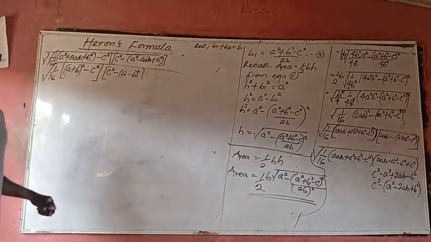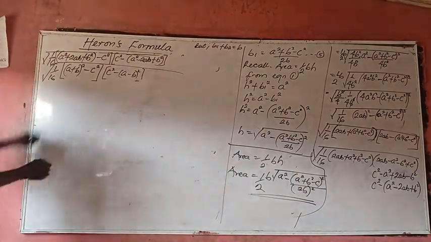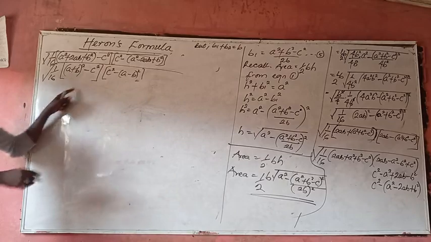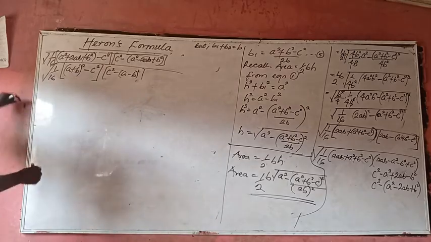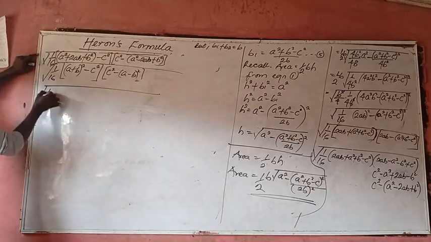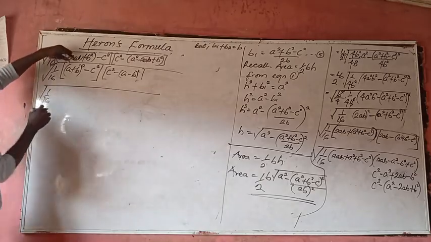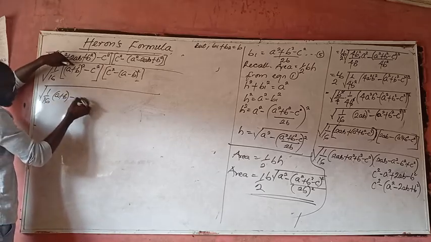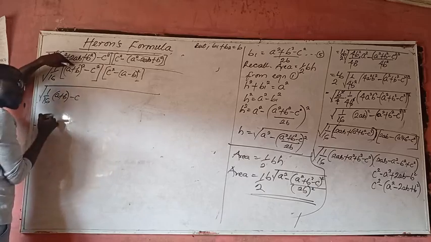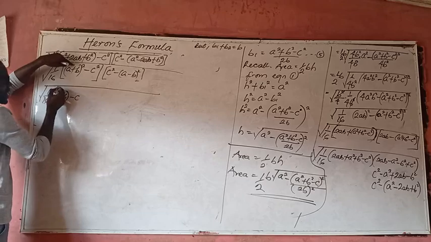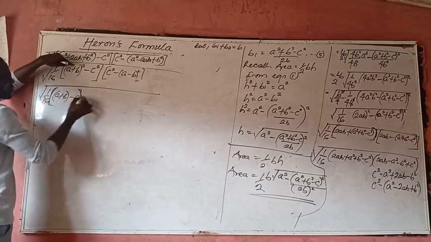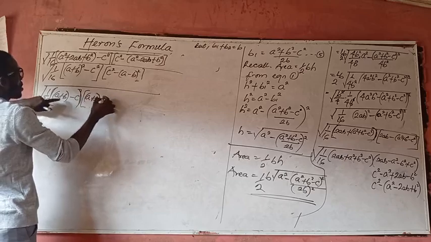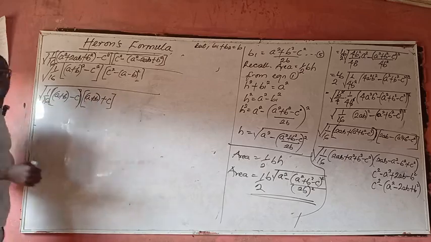Are you seeing the way I'm breaking down? Alright. So if that's the case, do you notice that we have another difference of 2 squares again? Difference of 2 squares again. Okay, but this one you have to open your eyes well so that you will not lose what I'm about to say now. Difference of 2 squares: the first term, that is a plus b, minus the second term, times the first term a plus b, plus the second term.